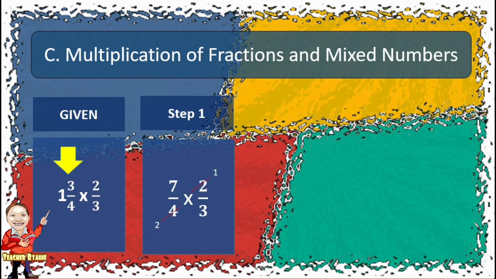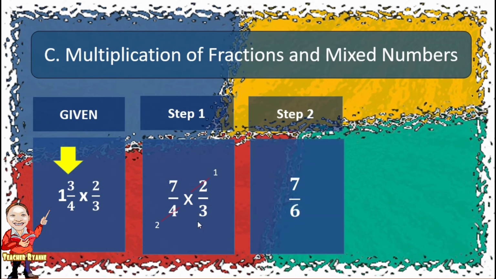If you notice, they have no common divisible, so they stay as is. It means we will proceed to step number 2: numerator times numerator, denominator times denominator. 7 times 1 is 7 and 2 times 3 is 6.